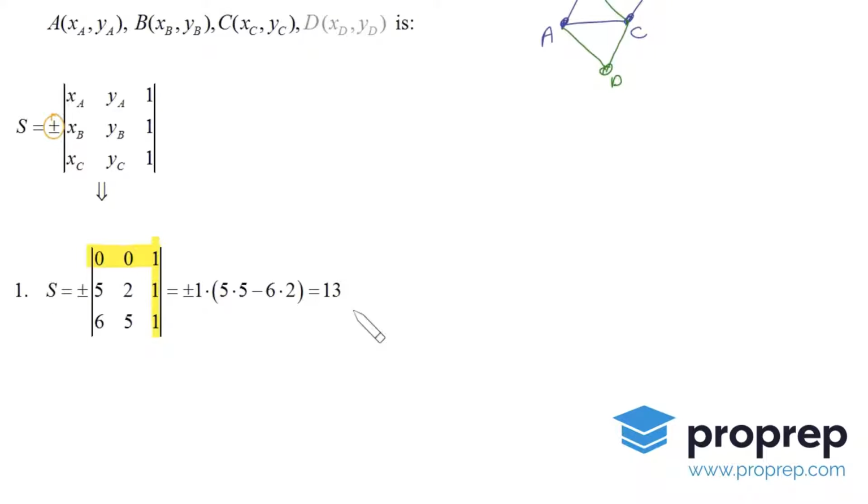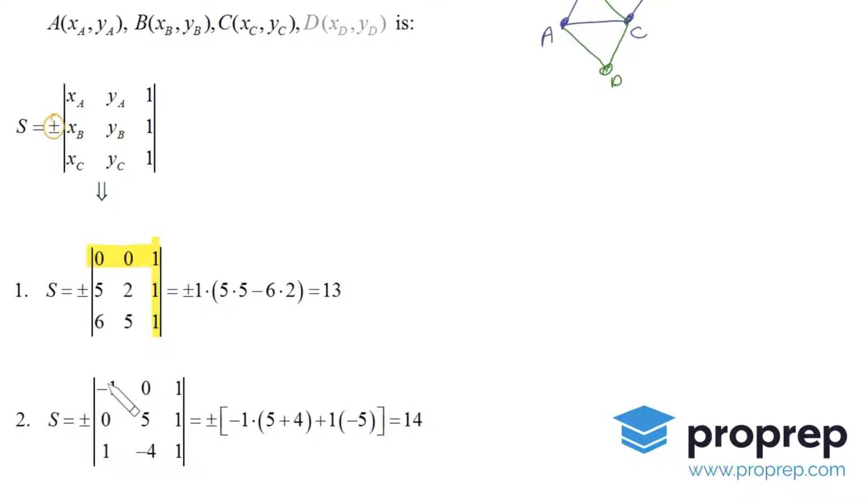And the same formula with the other set of points. This time I'll expand along the first column, so I have 2 non-zero entries, this and this. For the minus 1, the determinant is 5 times 1 minus 4 times 1.